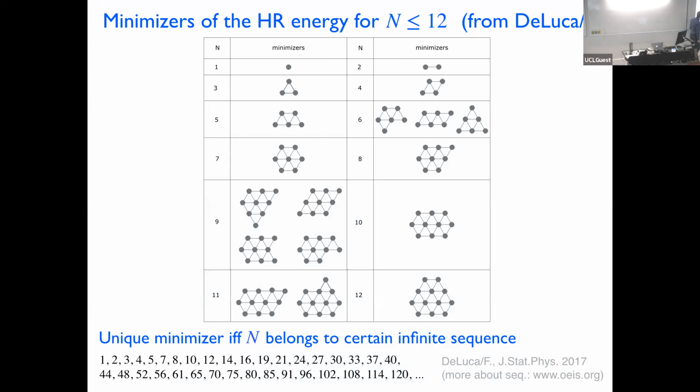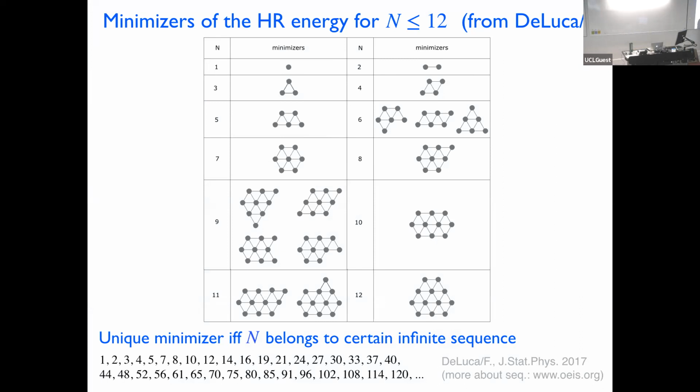The first case where something new happens is n equals 6. Nothing happens until n equals 5. For n equals 6, you have 3 configurations that have the same energy and are minimizing, so it's non-unique. Then for 7, it gets unique again.